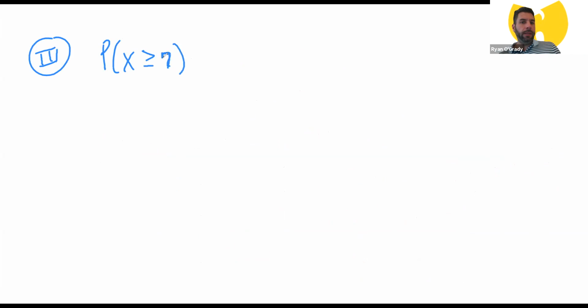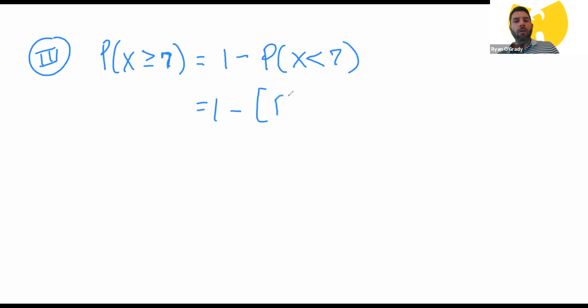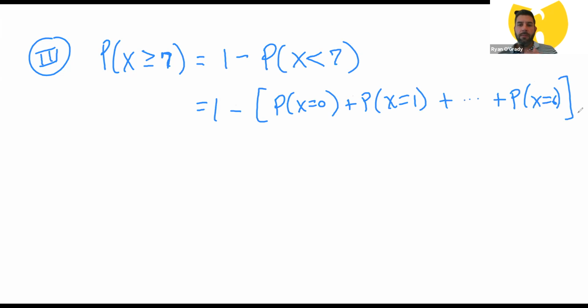So in the language of math, that's x greater than or equal to 7. Well, that's going to be 1 minus the probability that x is less than 7. And in order to compute this, you're going to have to do all of these: the scenario that it's equal to 0, plus the scenario that it's equal to 1, and then plus the probability all the way up to 6, which seems very, very tedious.